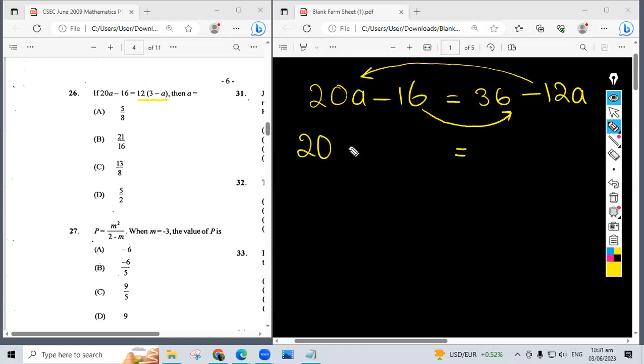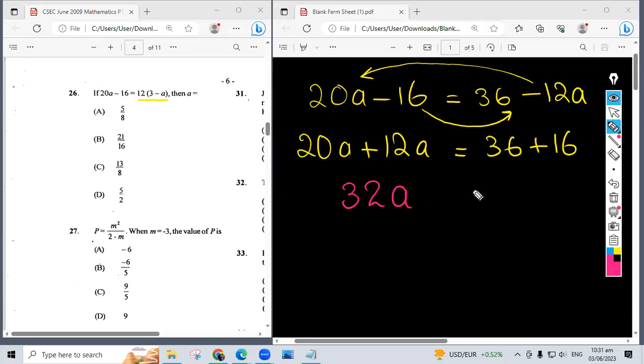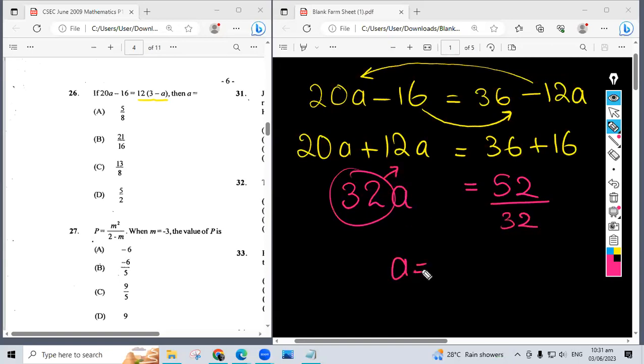So you're getting 20A plus 12A. And on the other side, you throw across the minus 16, you get positive 16. You get 32A is equal to 36 plus 16, which is 52. The A's are multiplied, throw it across, you get a divide.